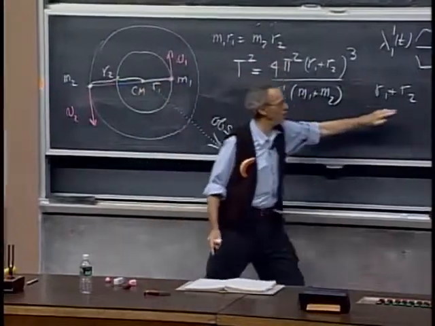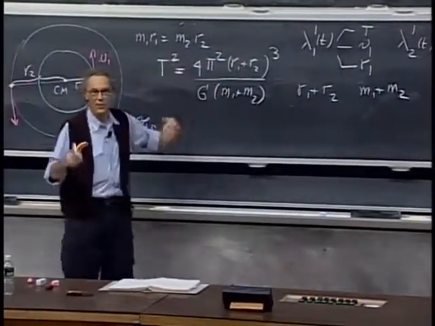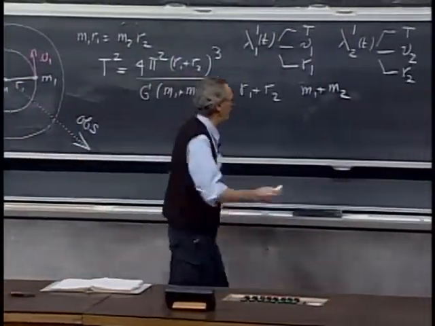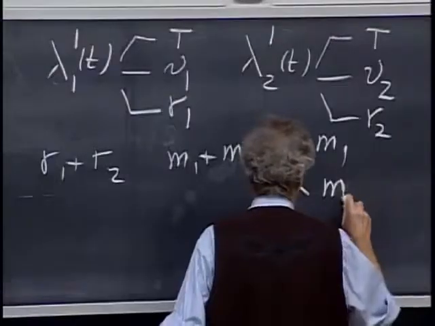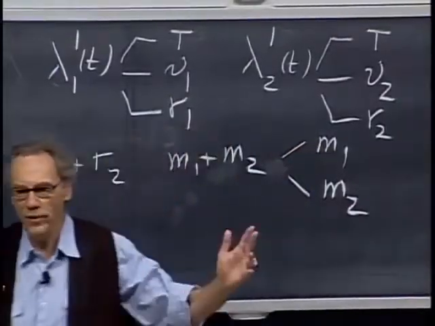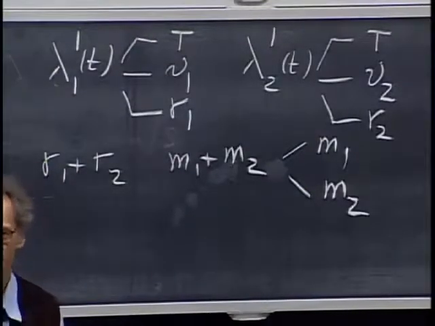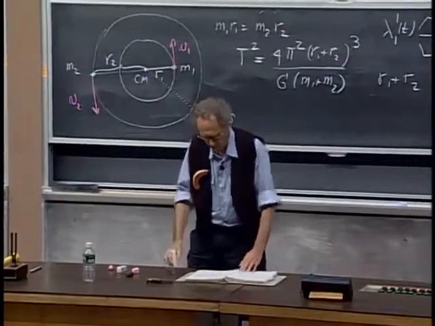So now you have two equations. You know what m1 plus m2 is, and you know this equation, and you can solve for m1 and m2, which is an amazing thing when you come to think of it. So we finally end up with the mass of star 1 and the mass of star 2. All this comes out of Doppler shift measurements. The velocities, the radii, the periods, and even the masses of these objects.